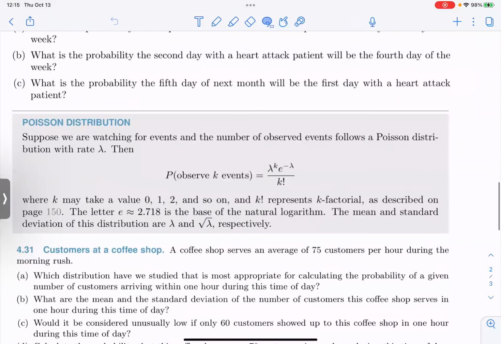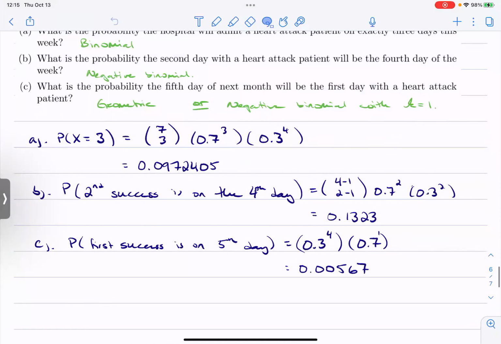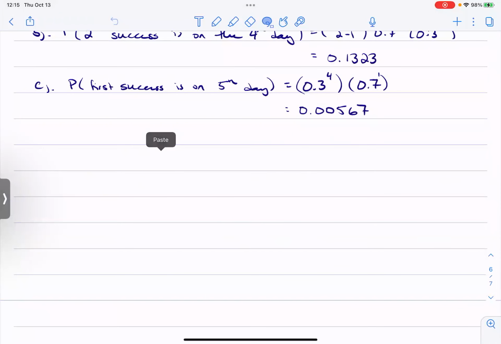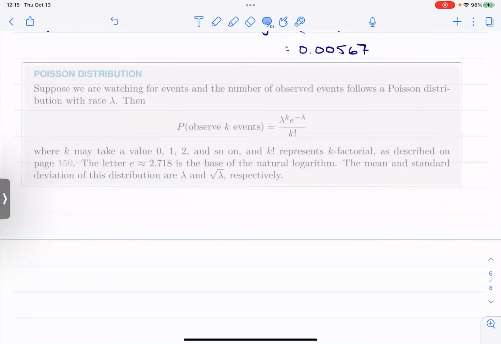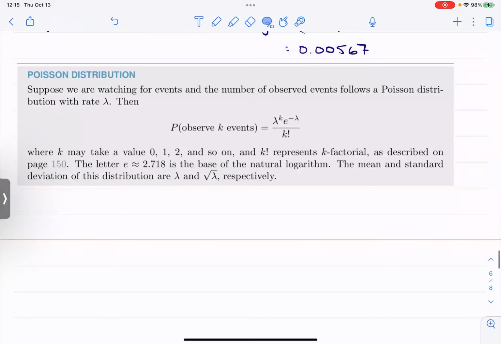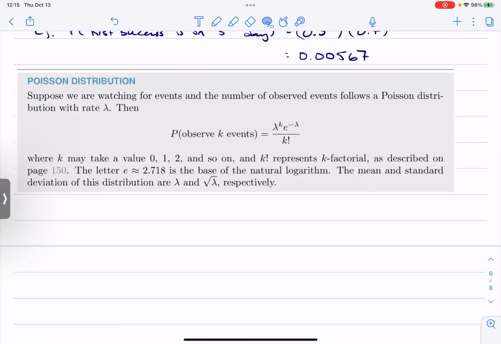The Poisson is the last one, and it's a little bit different than these ones, which you can kind of map the relationships between, right? So I'm not going to focus too much on this. I should be, but I'm not going to.